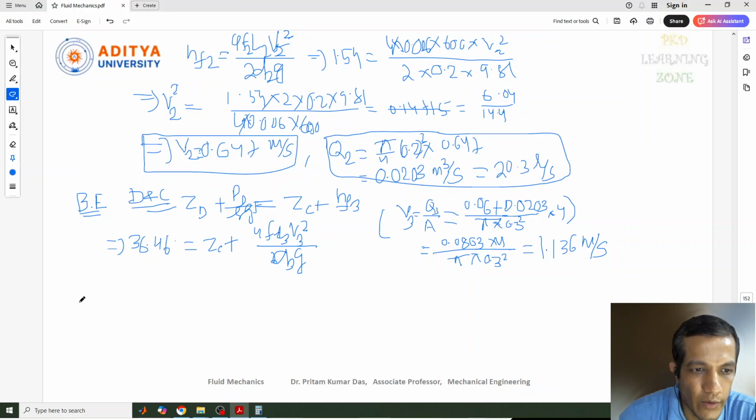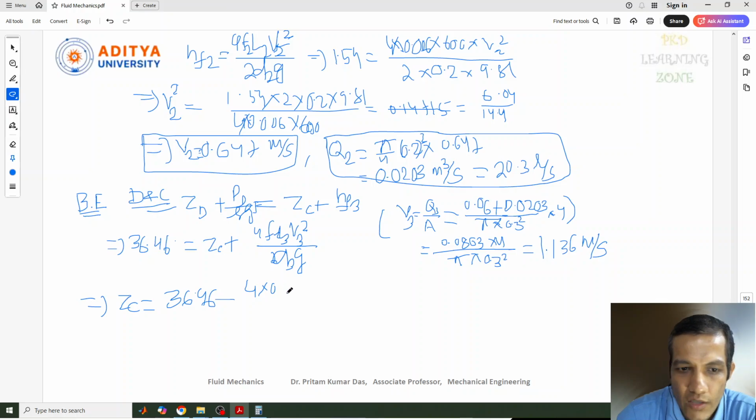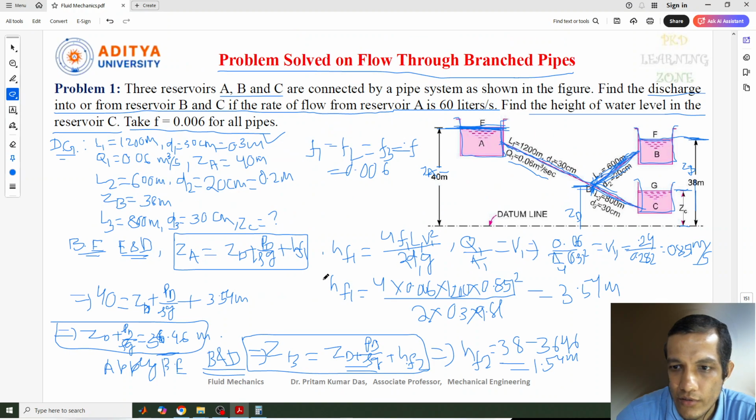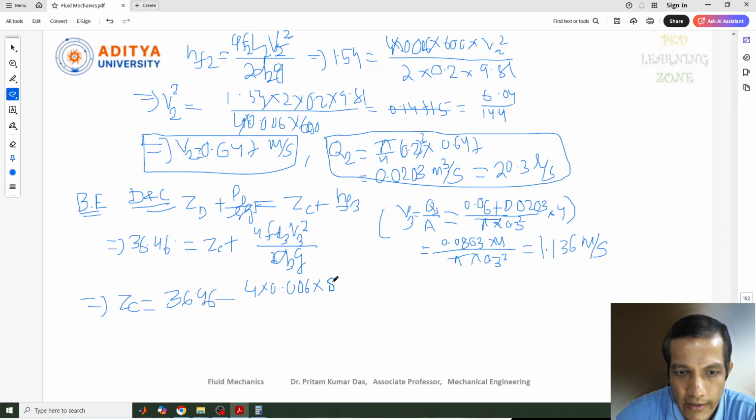Now we put this value in the equation, and we can write ZC equal to 36.46 minus 4 into 0.006 into L3, which is 800, into V3 square, so 1.136 square, divided by 2 into 0.3 into 9.81.